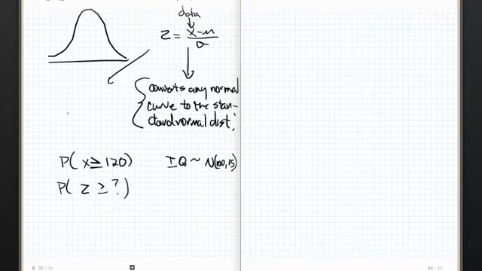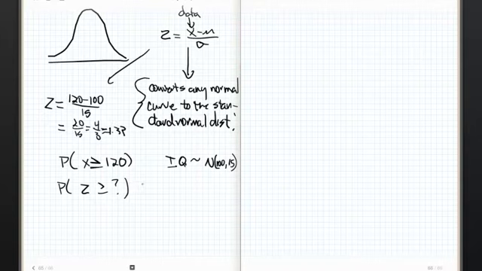I know that the Z value, the number of standard deviations away from the mean that a person with an IQ of 120 is, is going to be 120 minus 100 divided by 15. So this is going to be 20/15, or 4/3, approximately equal to 1.33.